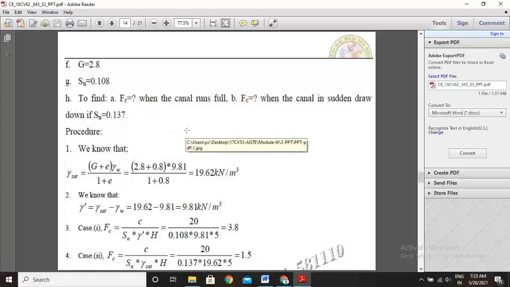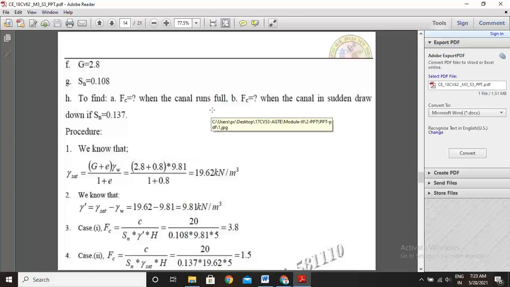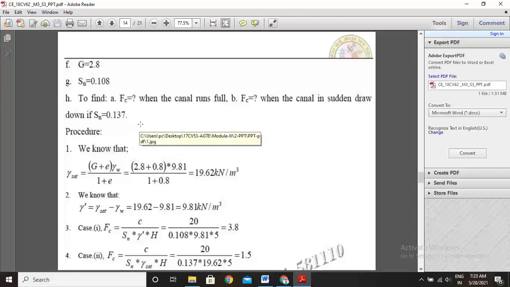To find factor of safety with respect to cohesion, Fc equal to how much when the canal runs full, and in the second case Fc equal to how much when the canal is in sudden drawdown if Taylor stability number is 0.137. So this is what is to be required from this problem. Now the data are written from the problem. This you should be clear about first. So then follow the procedures.